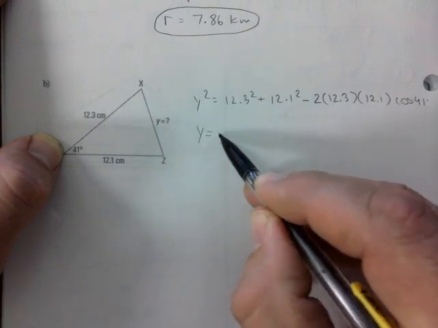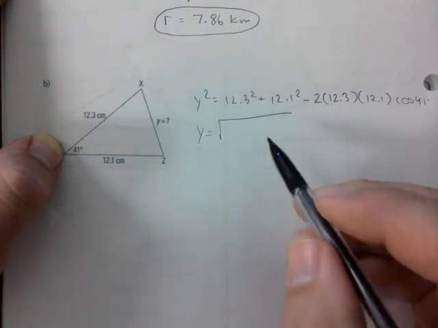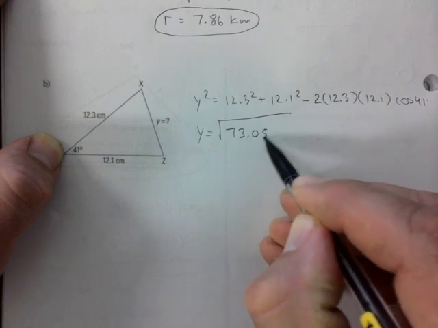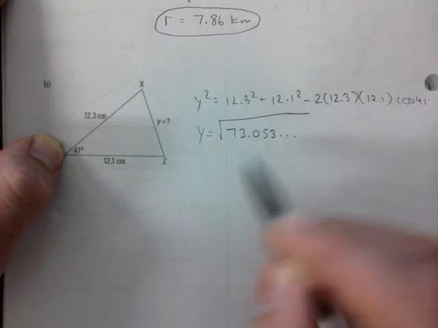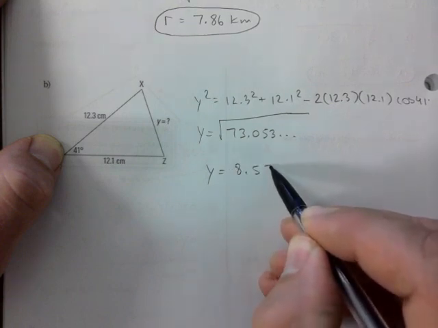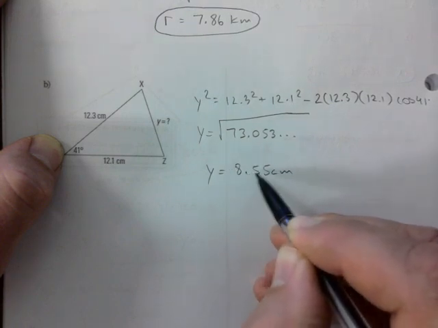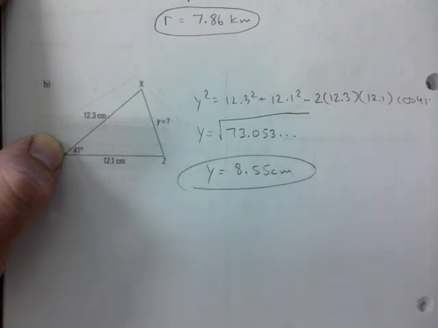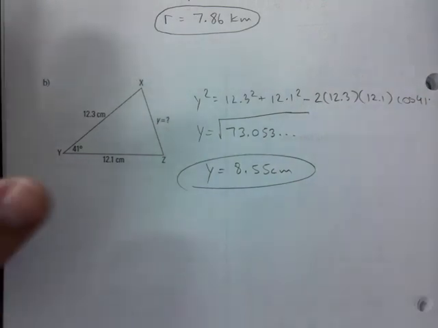And then the next line is just to figure out the root, and that's 73.053 dot dot dot, which in turn gives you 8.55 if you round it. It's 854 something, but it goes to 8.55 centimeters. So there you have it.